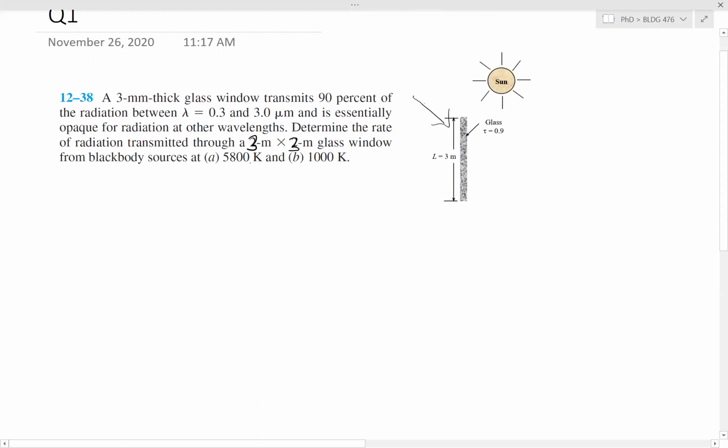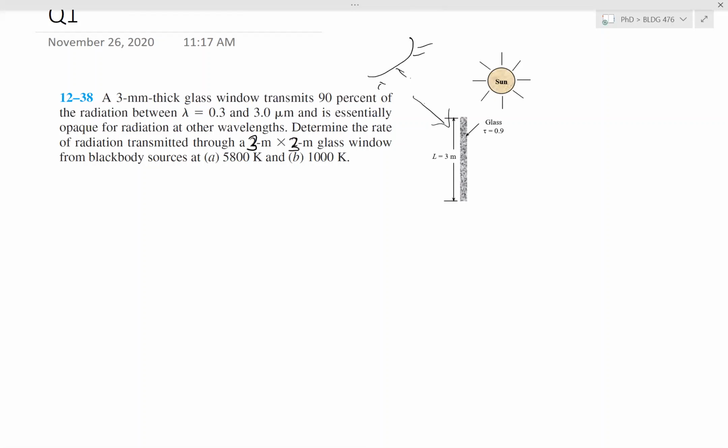Remember, our solar radiation is coming from a source, so 5800 K, the temperature of the sun to start out with, and then we have another temperature.